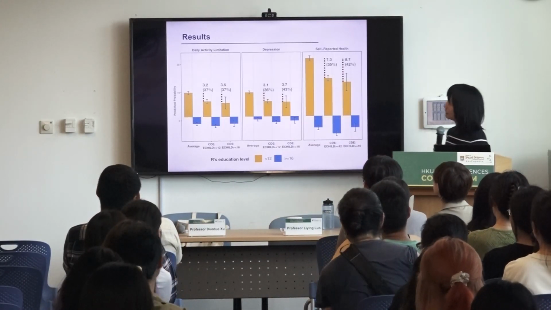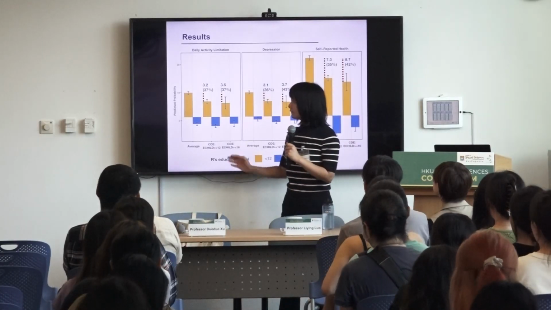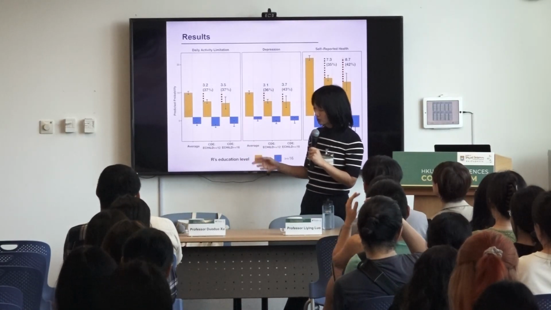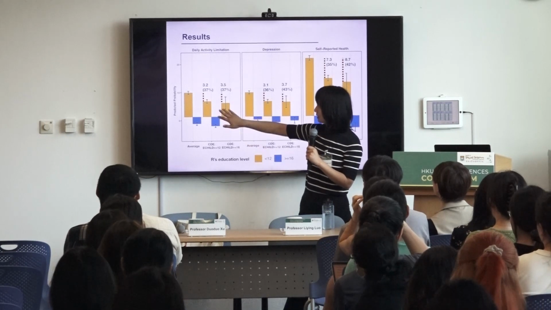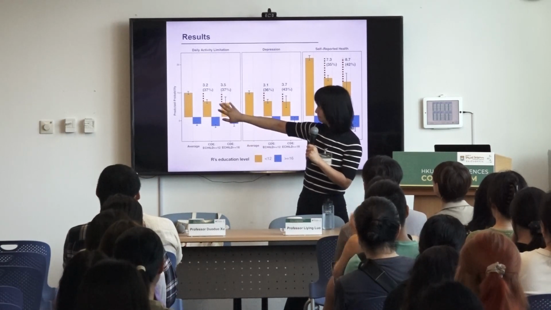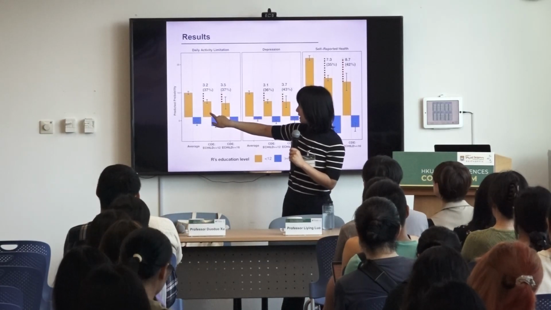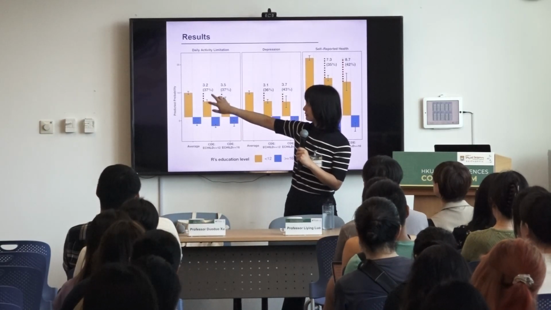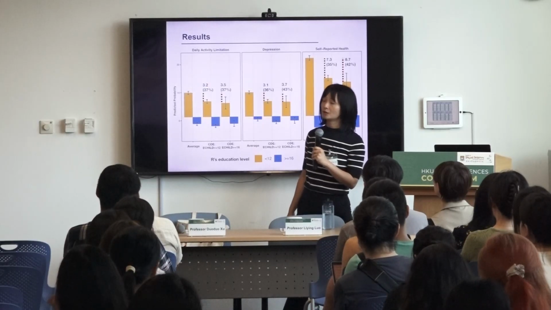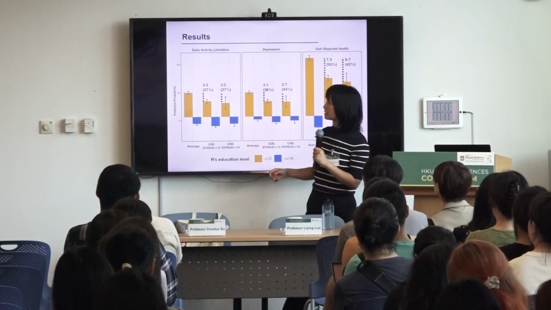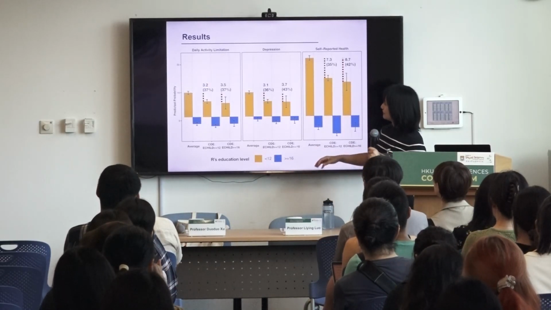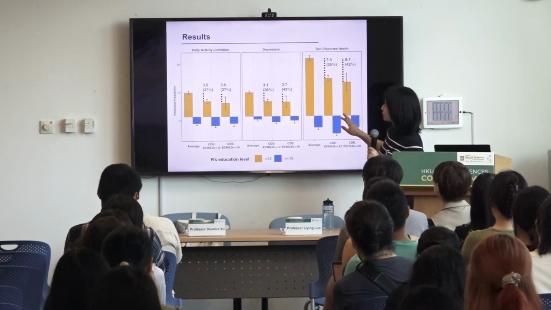For example, if all the least educated children have high school completion, we would see the health disparity between the less than high school group to high school be reduced by 3.2 percentage points, or 13.7% reduction. About the same for depression and self-reported health.